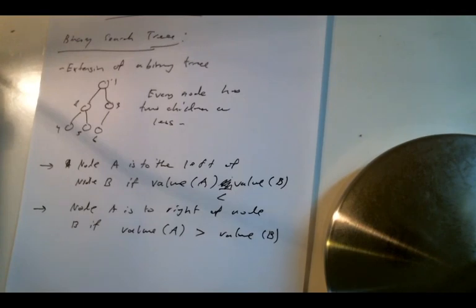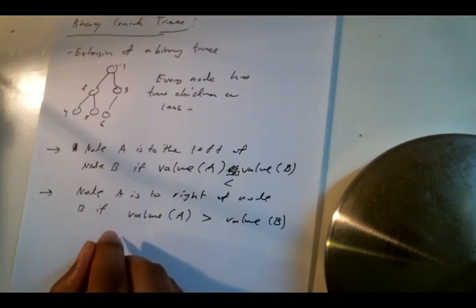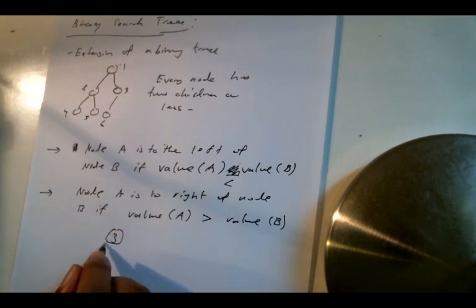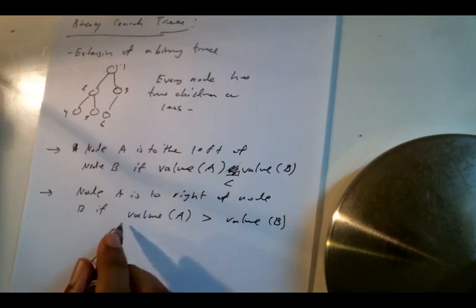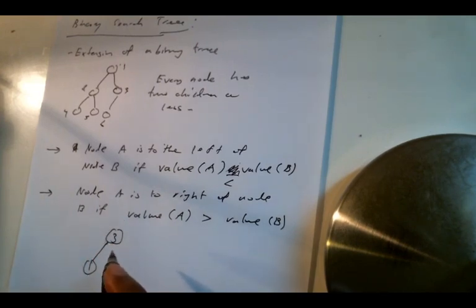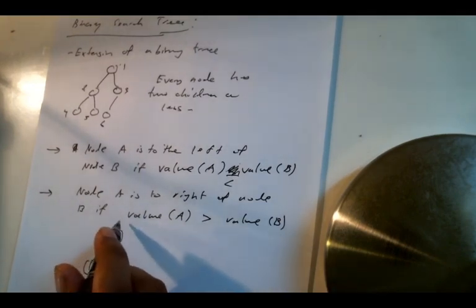All right, so let's do an illustration of this. Let's say I had a node and it had a value of, say, 3. Then a node with a value of, say, 1 would be to the left of it, right? And now let's say I wanted to insert the node 2 into this thing.